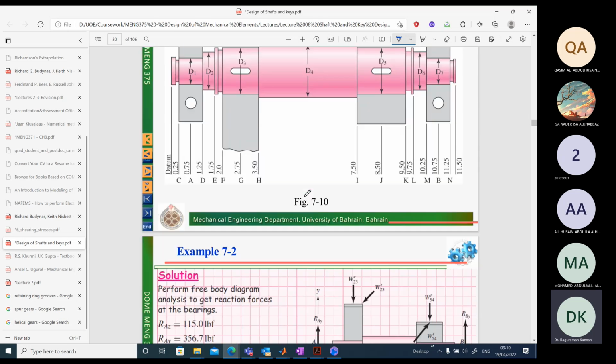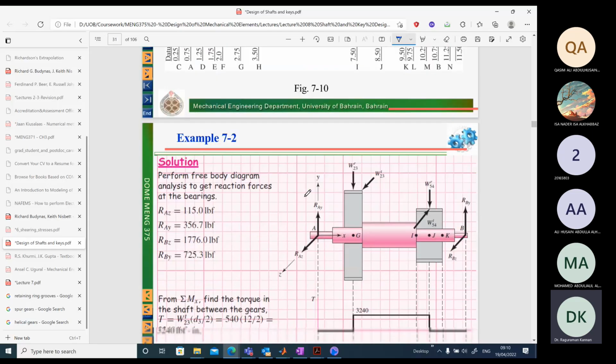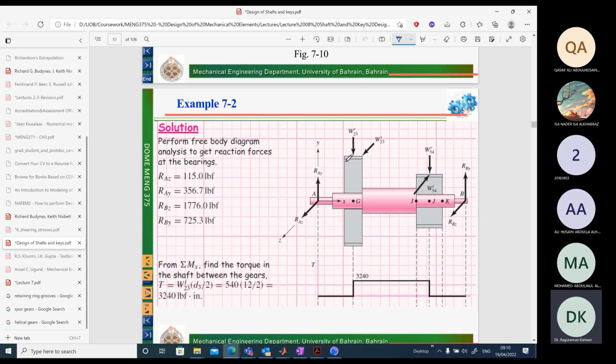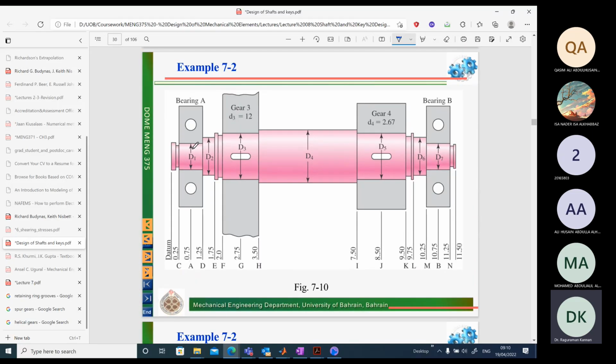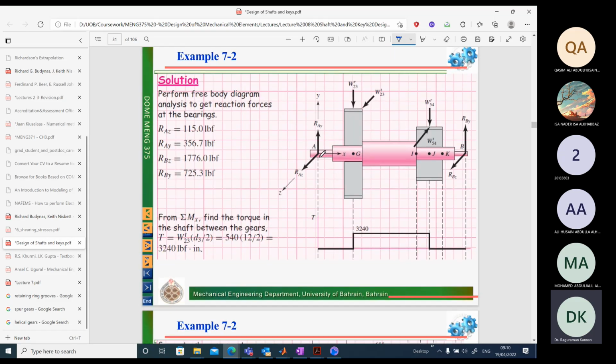So how do we start the design? As usual, this is a 3D problem. Remember, this is a 3D problem. So we will have to draw the free body diagram for the shaft and identify all the forces. You have reaction forces, just like you assume this is a simply supported beam like structure, and you will have the different forces here.